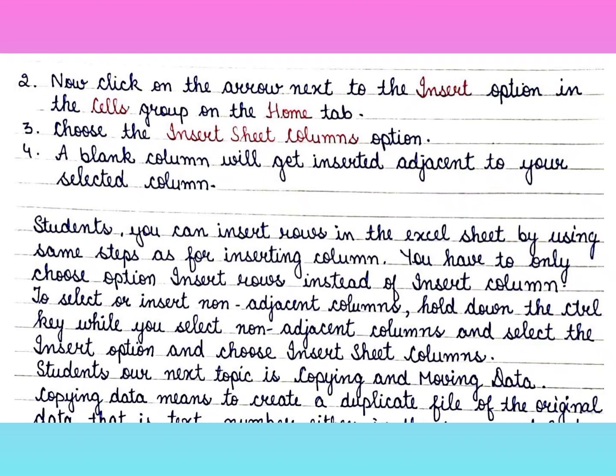Now click on the arrow next to the insert option in the cells group on the home tab. Number 3. Choose the insert sheet columns option. Number 4. A blank column will get inserted adjacent to your selected column.